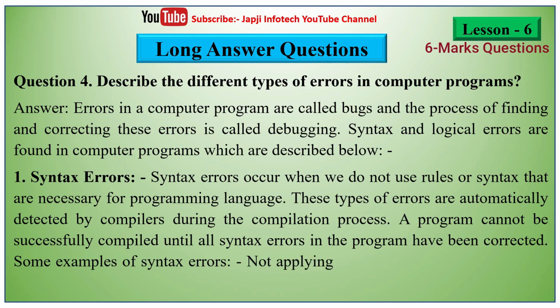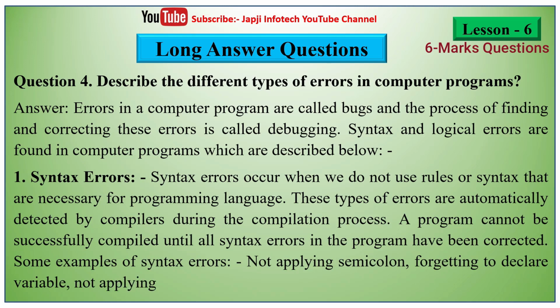These types of errors are automatically detected by a compiler during the compilation process. A program cannot be successfully compiled until all syntax errors in the program have been corrected. Some examples of syntax errors are not applying semicolon, forgetting to declare variable, not applying compound statement, etc.